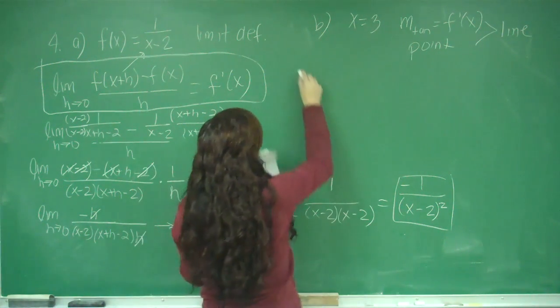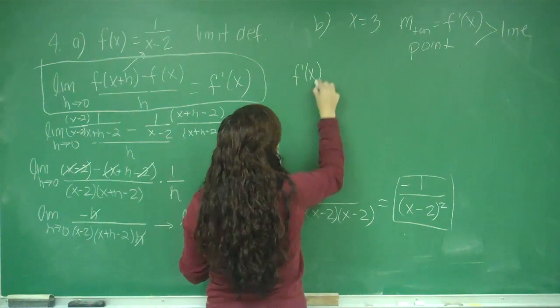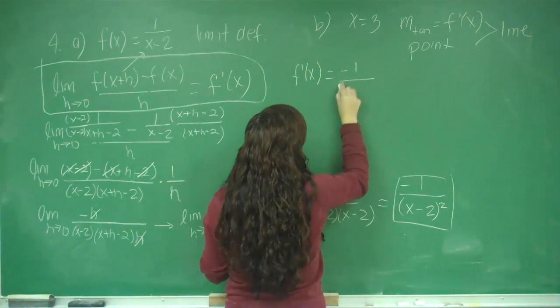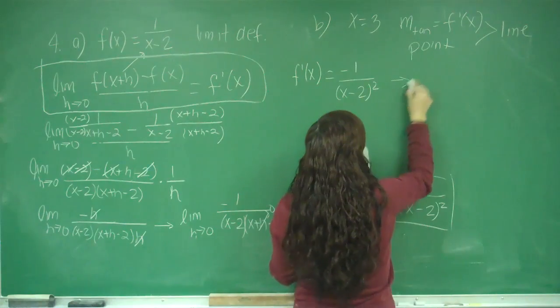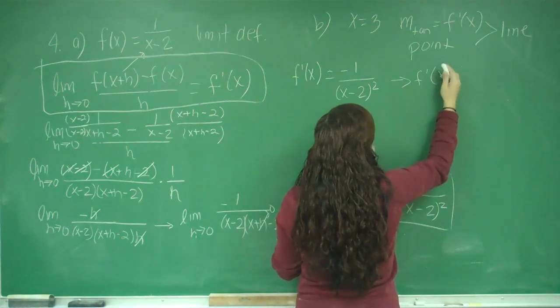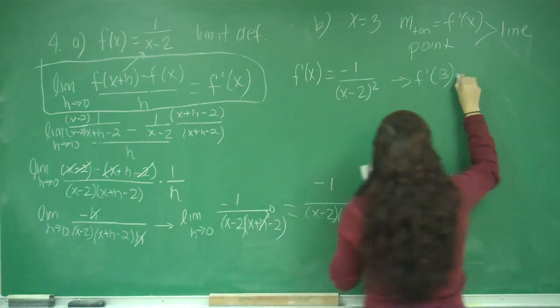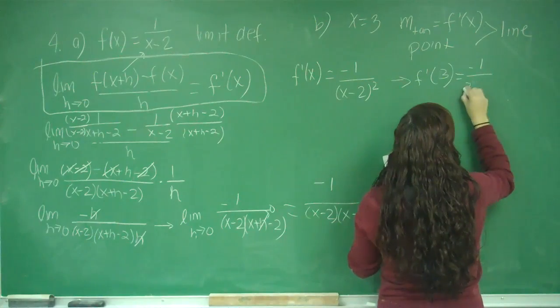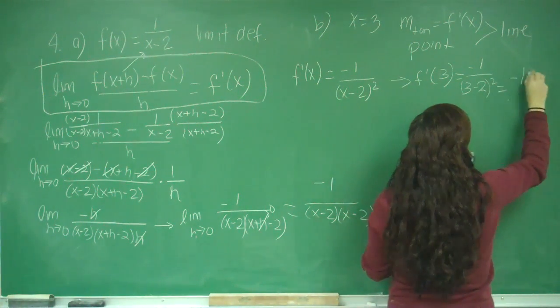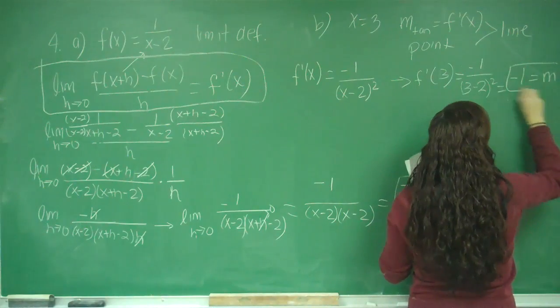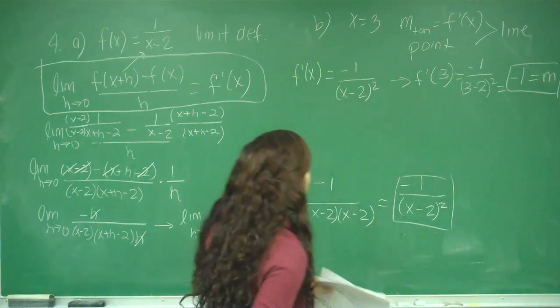So we have our f prime of x equals negative 1 over x minus 2 squared. So f prime of 3 will be negative 1 over 3 minus 2 squared, which is negative 1, and that's my slope.